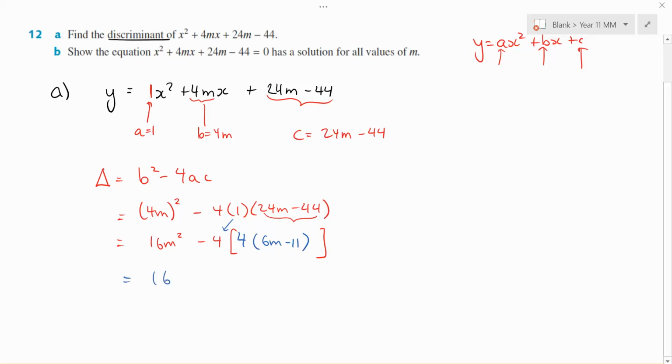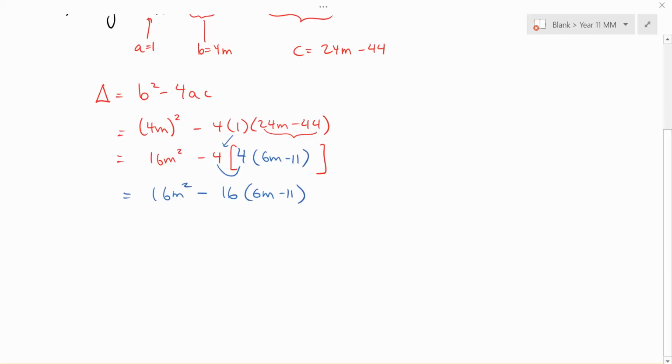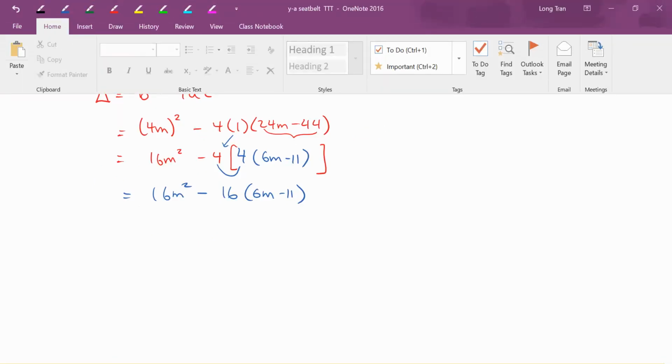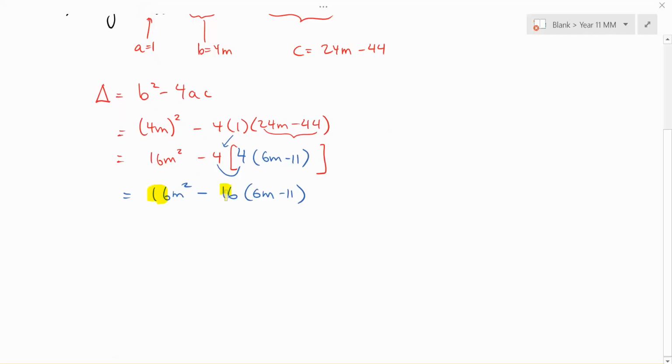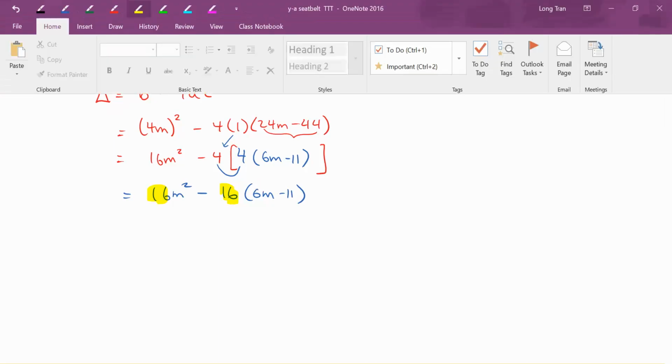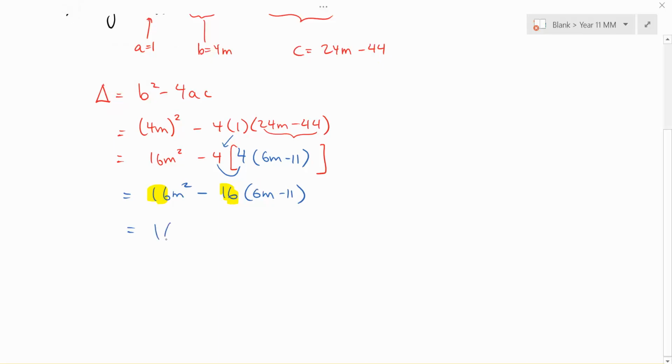So ultimately, what I have is 16m squared minus 4, expanding the brackets, 4 times 4 becomes 16, bracket 6m minus 11, right? But also conveniently, I notice they both have a factor of 16, so I can take out 16 as my common factor, and that becomes 16 bracket m squared minus, and this is my other bracket, 6m minus 11.